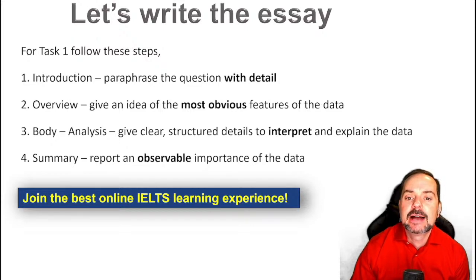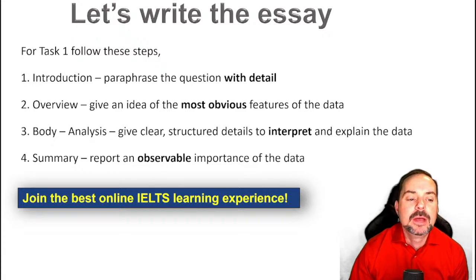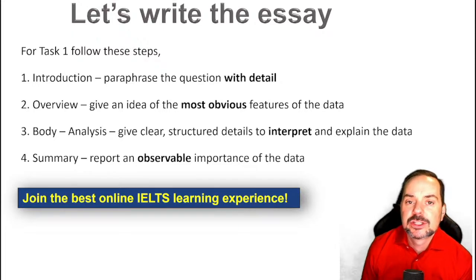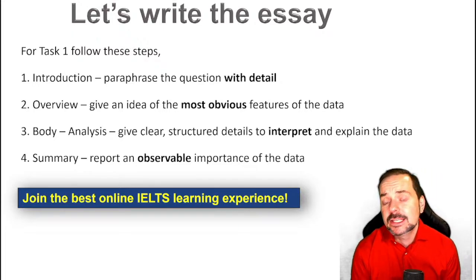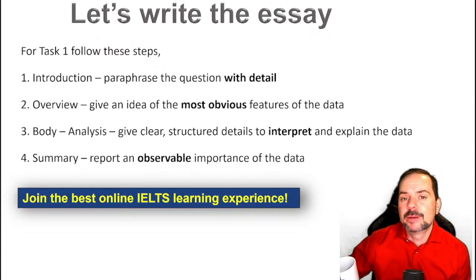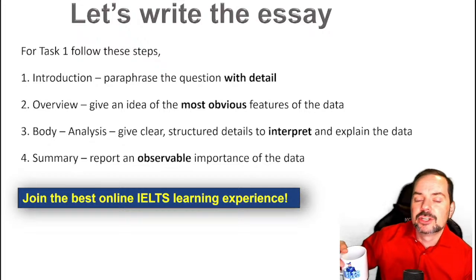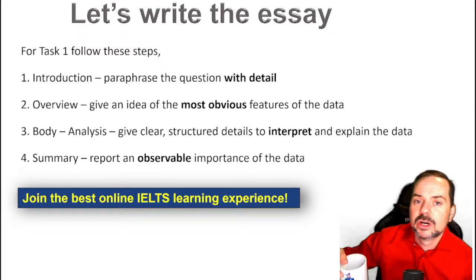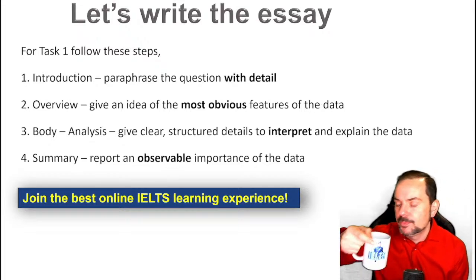Introduction, short paragraph, it includes details. And then the overview looks at the most obvious data. So it's not necessarily the most and the least. A lot of students write the highest number or the lowest number. Yeah, that's often interesting and it can be the most obvious, but it's not always, okay?